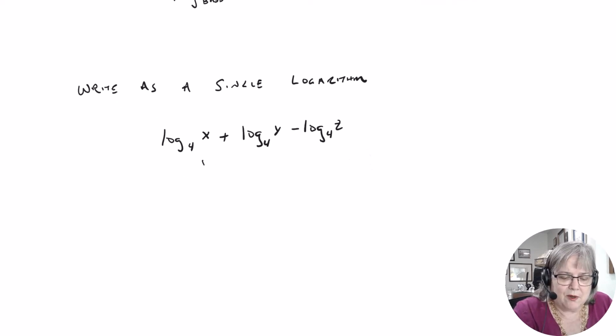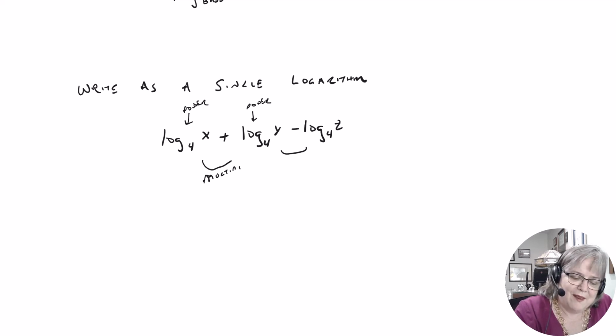So these two are added. Remember, they're powers, right? This is equivalent to some power, and this is equivalent to some power. And when you multiplied bases, you added powers. And when you divided, you subtract, right? So these are going to result in a multiplication, and this is going to be to divide.